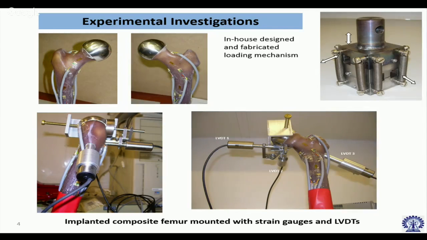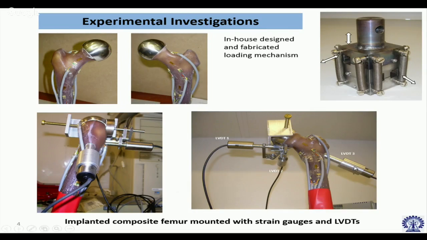Now, these are examples of some of the strain gauge fixations, as you can see on the left, on the femur neck and also in the diaphysis of the femur. There are several strain gauge locations all over the femur. You can see them here more clearly. Apart from strain gauges, we have also fixed LVDTs to track the implant-bone micromotion, the relative displacement when it is being loaded, in two orthogonal directions.